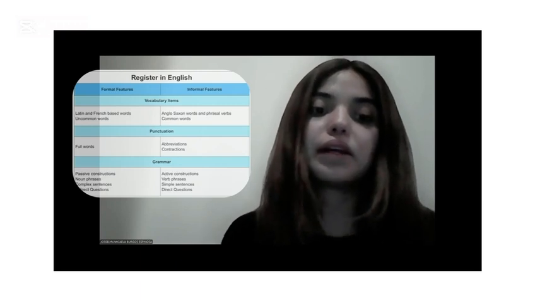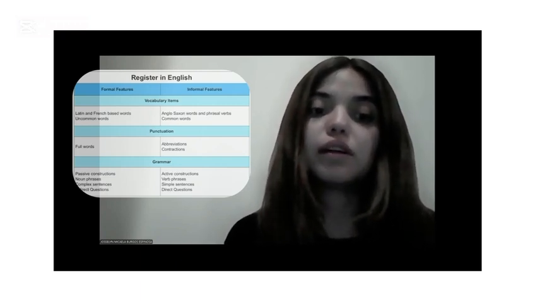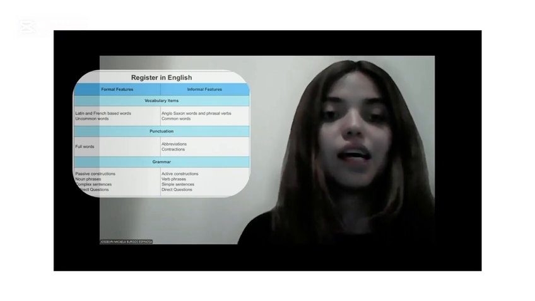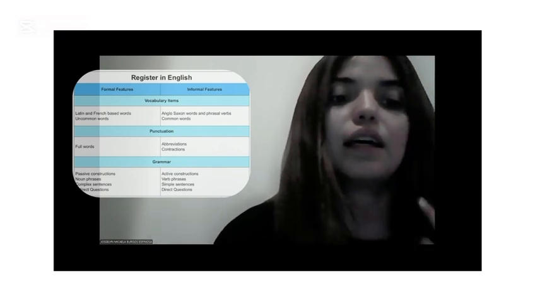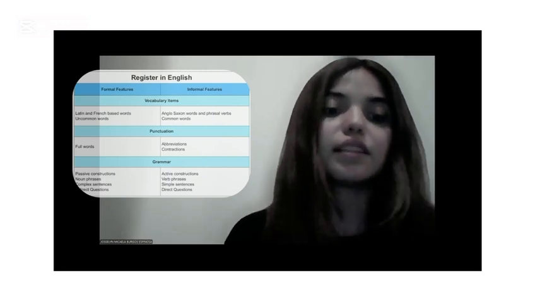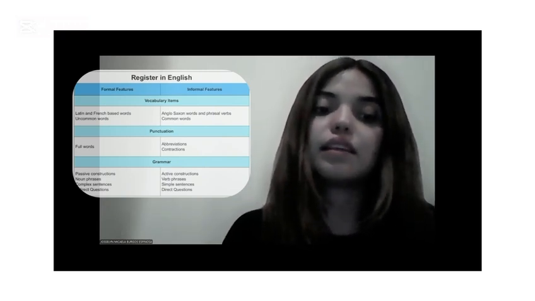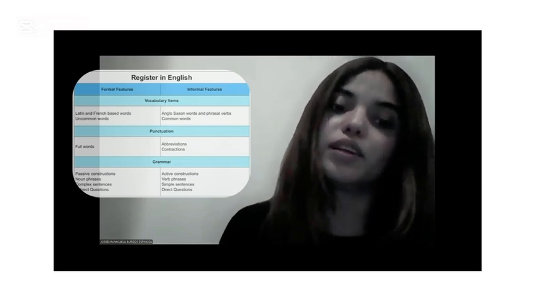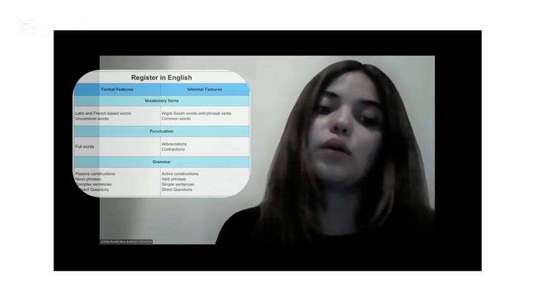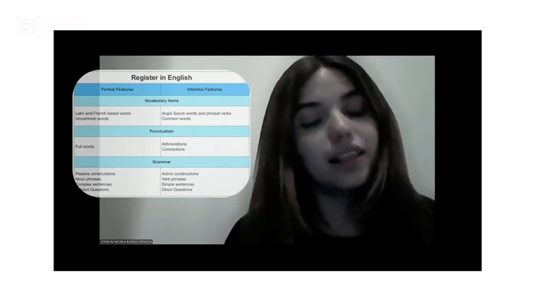It can vary from formal language in academic speech to informal language in casual conversation. In conclusion, register is fundamental for effective communication, understanding how and when to use different styles of language in communication skills.